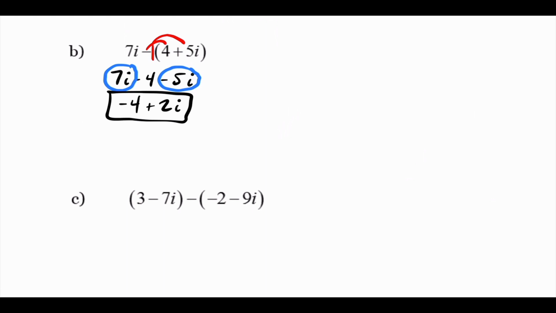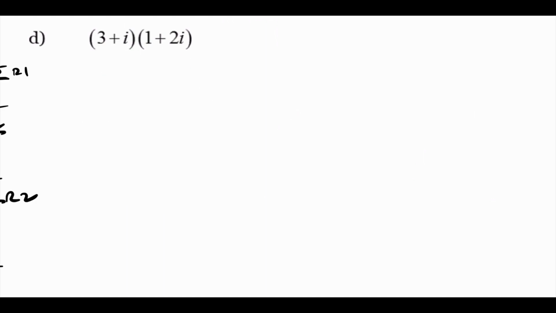Do letter C. It's a multiplication. You're multiplying the first parentheses times the second parentheses, but they're binomials. There's 2 parts to it. So we're going to use something that'll look familiar. We're going to use a table.